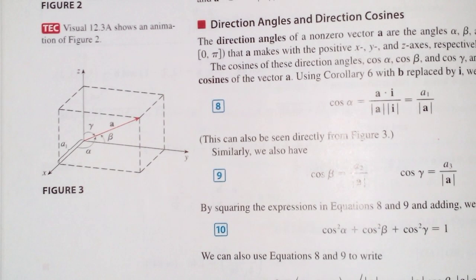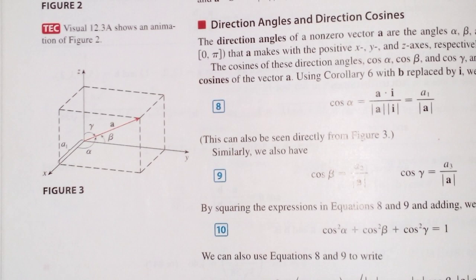And then they've labeled 3 different angles here, alpha, beta, and gamma. Now here's the problem. I want to know what these 3 angles are. So alpha goes from my vector to the x-axis. And beta goes from my vector to the y-axis.